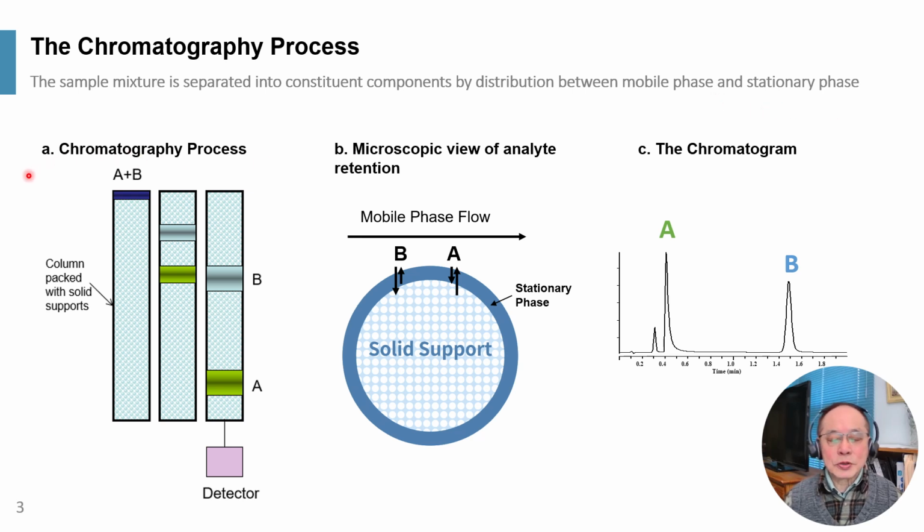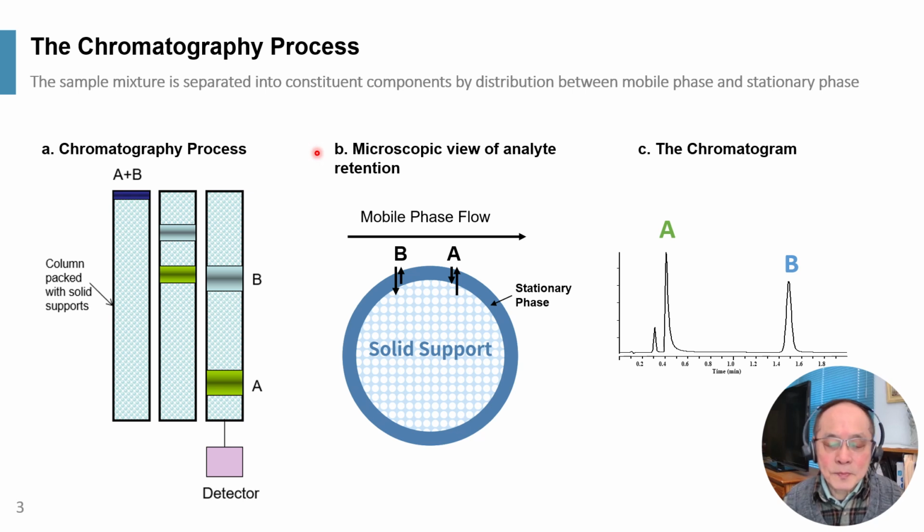Diagram A shows the general overall chromatographic process where we have a column packed with solid support and a mixture of sample which contains two components, A plus B, being eluted with the mobile phase traveling down the column. Component B is much more retained by the stationary phase, therefore is eluting later and being detected as a later eluting peak.